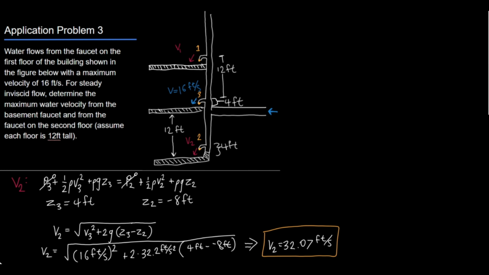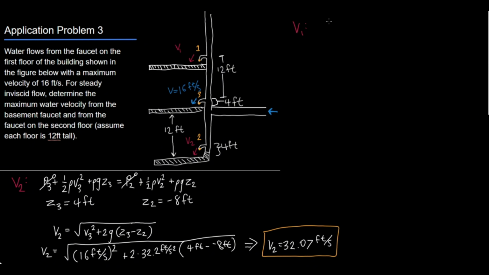The second half is going to be V1, which is going up in altitude and thus should be slower than 16 feet per second. Notice how V2 is quicker because it went down, it gained energy, it transferred some of its potential energy into kinetic energy, thus increasing its velocity. V1 should be slower than 16 feet per second for the exact same logic, just going up in altitude.